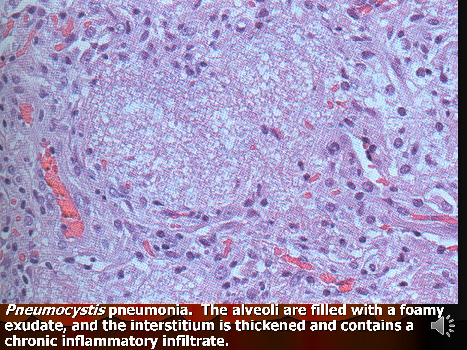Look here, we see a histological slide from a tissue sample of the lung of a patient with pneumocystic pneumonia. So look here, we can't see even the air within this lung tissue. So the lung is airless, no air, because the airspace is filled with exudate. And this exudate is quite a specific pattern, like foamy exudate.